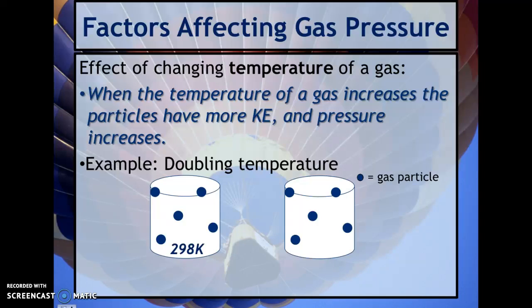However, the first container is at a temperature of 298 Kelvin. The second container has the temperature adjusted to 596 Kelvin. What do you think is going to happen to the pressure in the second container on the right? If you said that the pressure is going to increase, you are correct. Doubling the temperature is going to result in 2 times the pressure because the particles are going to move faster, pressing more on the walls of the container.